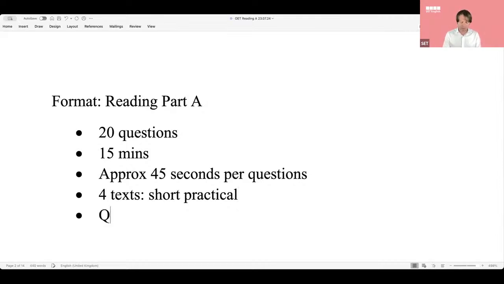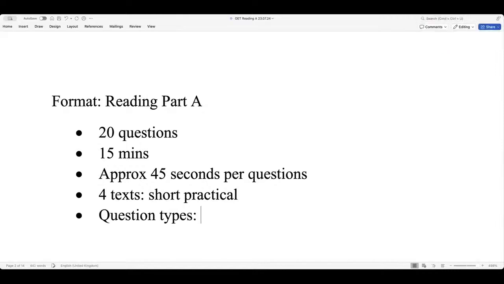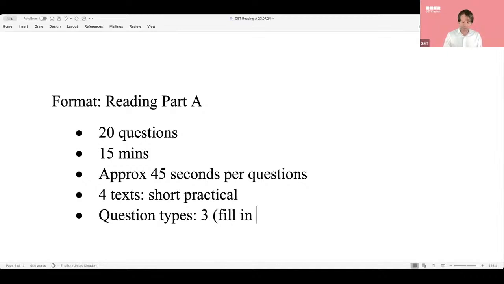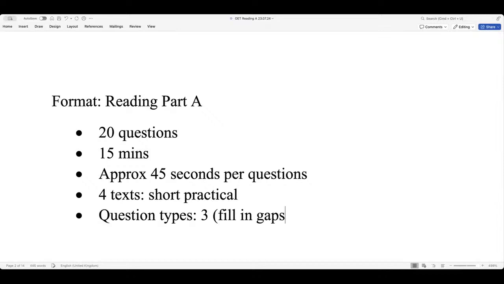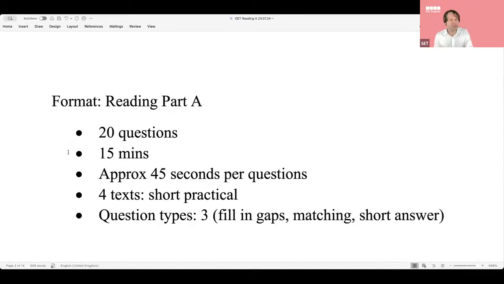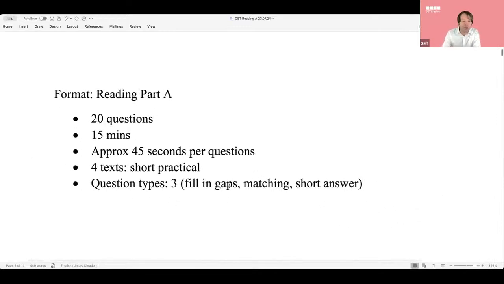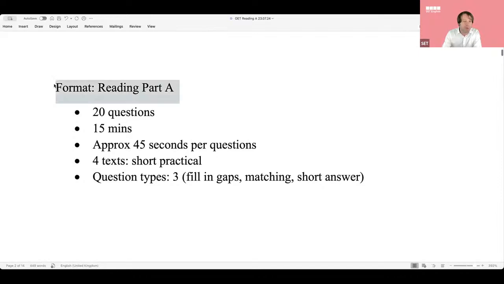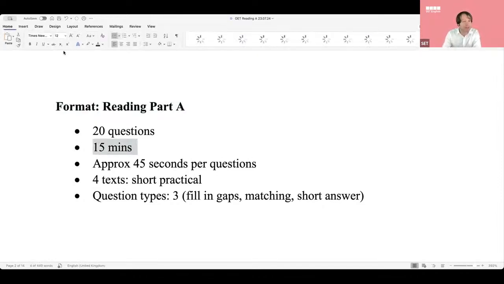How many question types are there? 3 question types: fill in the gaps, matching, and short answer. So this is the test. If you're new, the biggest problem here is time, isn't it, guys? Finding everything really, really quickly.